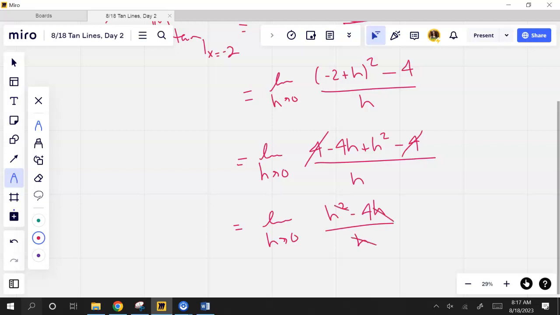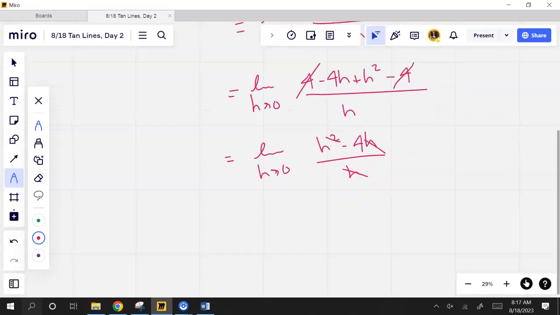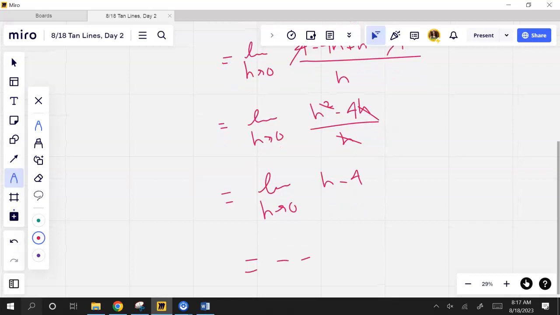An h and h and h. So now I have the limit as h goes to 0 of h minus 4. That's it. Put in 0 and I get -4. So the slope of the tan line at x equals -2 is -4.